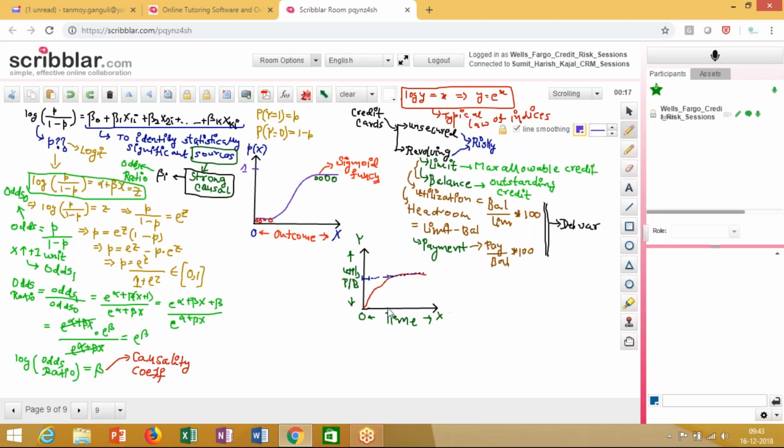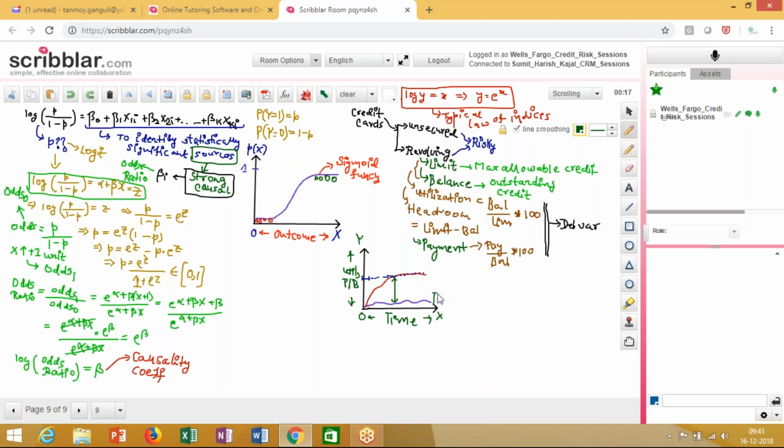So over here, this is the utilization. Now, the willingness to pay, the more or less say, or the payment balance ratio that he makes is something of this type, right? So now what you can see is that there is a substantial gap between his utilization and his payment balance ratio.